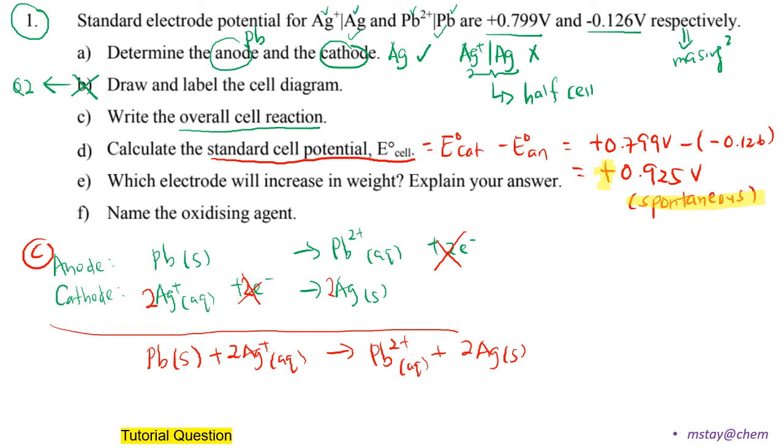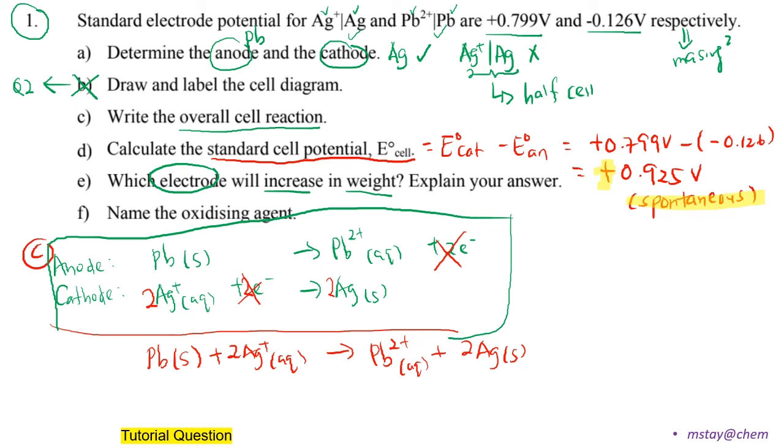Next part of the question, they ask us to identify which electrode will increase in weight. Basically, it means that the electrode will become thicker. So we can refer to the half equation over here. Based on the half equation, we notice that the lead electrode will dissolve because it becomes Pb2+, but the silver ion will undergo reduction to form silver.